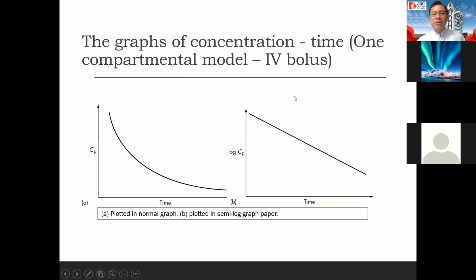So the one compartmental model, for example, this is IV bolus. So the graph of concentration and time.